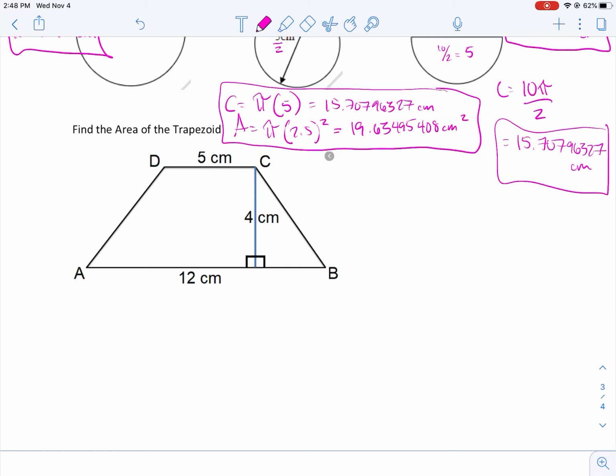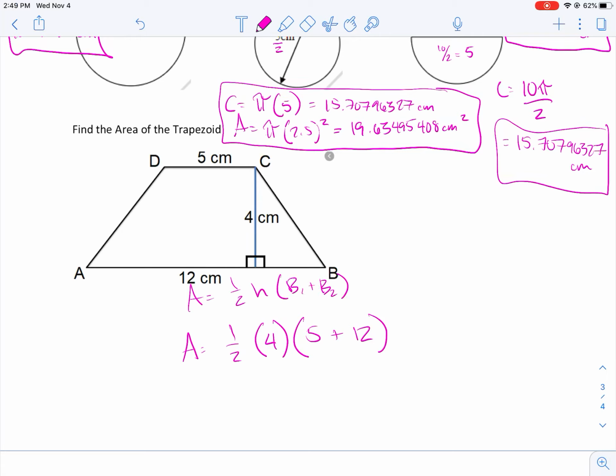Finally, find the area of the trapezoid. We can't find the perimeter here, but what we can do is find the area. So our area is 1/2 times the height, which is 4, times base 1, 5, plus base 2. Again, our area is 1/2 the height times base 1 plus base 2.